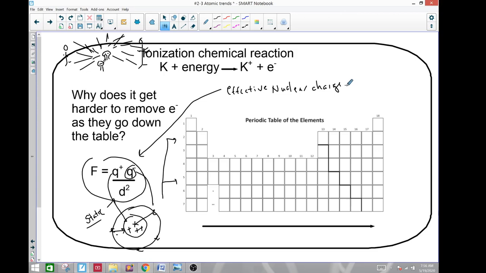Well, it's got increased effective nuclear charge, or you could say we have more Coulomb attraction due to more protons, and more protons at about the same distance.